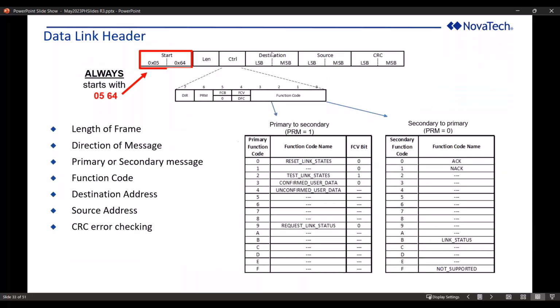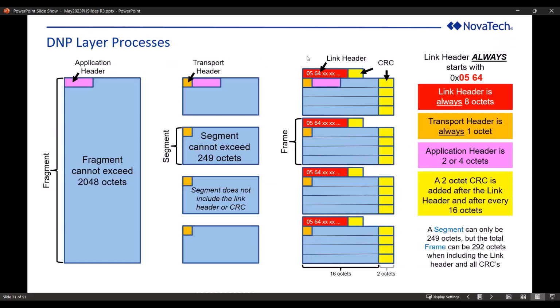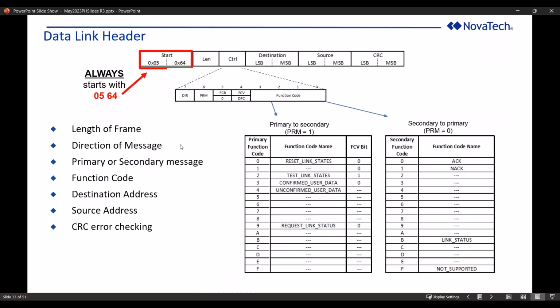So what is in the data link header? The data link header is this red thing here, and the idea of it is really to prep the data for transmission. It starts with 0564. It contains the length of the frame, so it prepares the receiving device to know, hey, this is how much data I'm sending in this data packet.